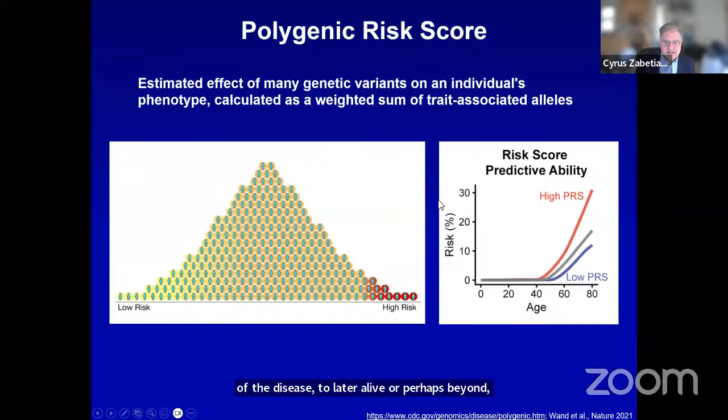And finally, I'll say this: most people out there are not going to have a mutation in a gene that has large effect. But it turns out that you can take all of that GWAS data and take the cumulative effects of all of those different single nucleotide polymorphisms and consider them together. If you do that, you get this normal distribution where you have people at the very end of the spectrum that are at high risk because of a combination of risk alleles at several different genes.